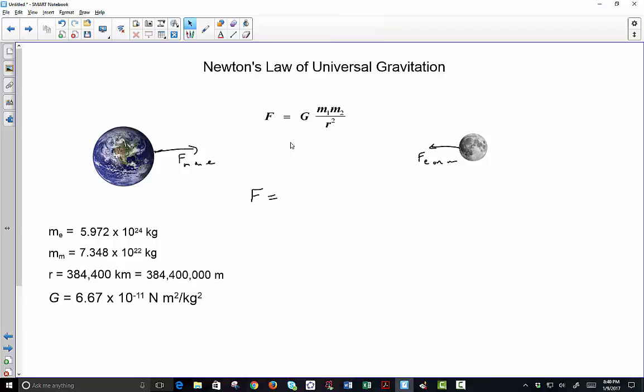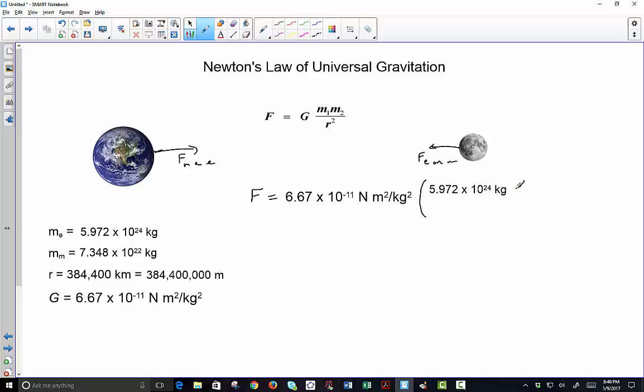That force is going to be equal to G, so we'll drag G up here, times the mass of one of them, we'll say the mass of the Earth, times the mass of the moon, and all of that is going to be divided by the distance between them squared.